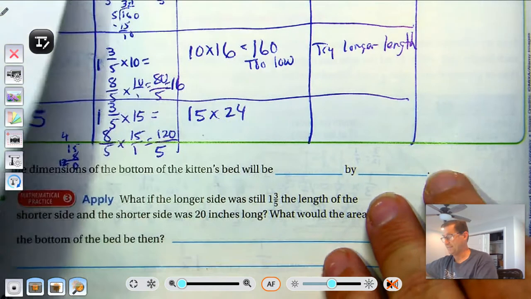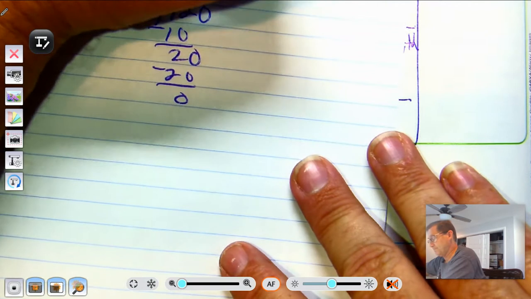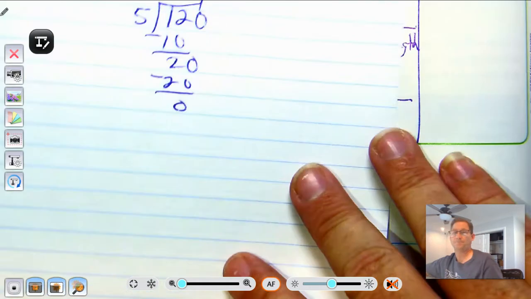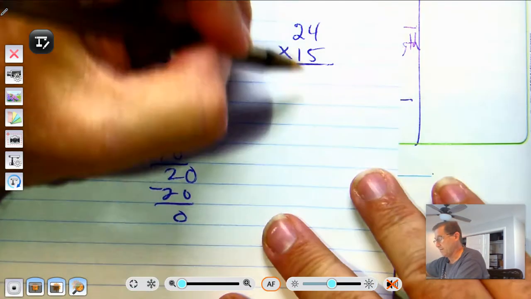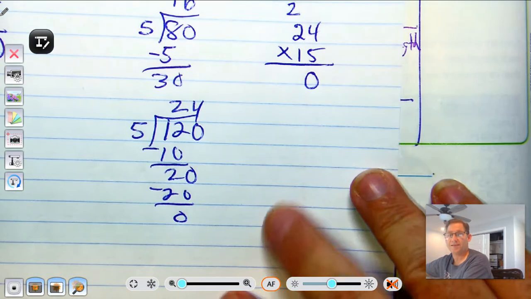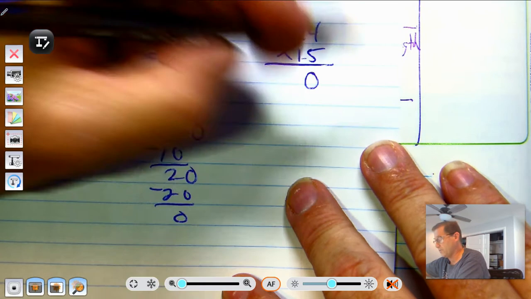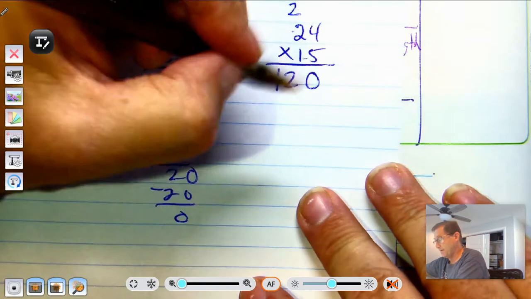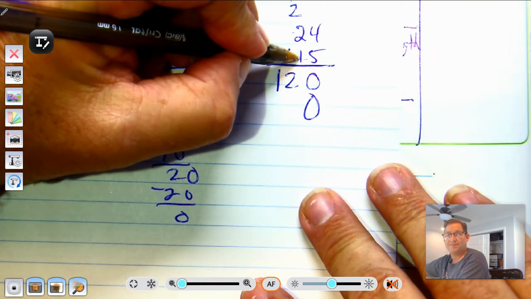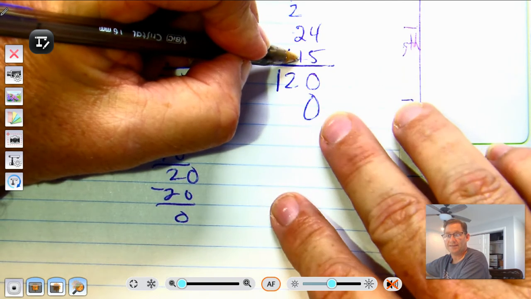Well, what is 15 times 24? 5 times 4 is 20. Regroup that as 2 tens and 0 ones. 5 times 2 tens is 10 tens, plus the 2 regrouped tens is 120. We're moving over to the tens, so I know that the product has to end in a 0.